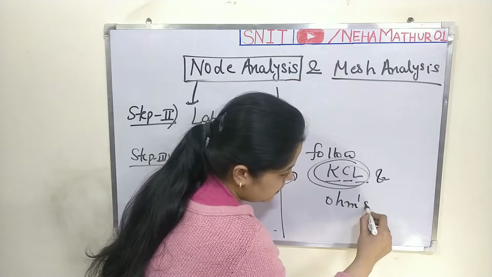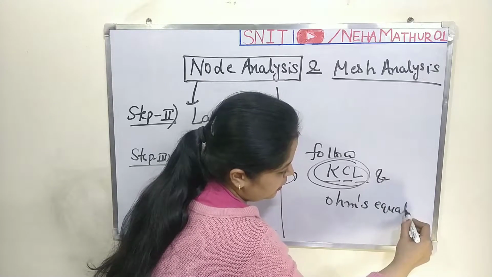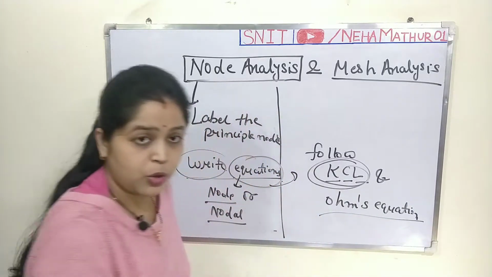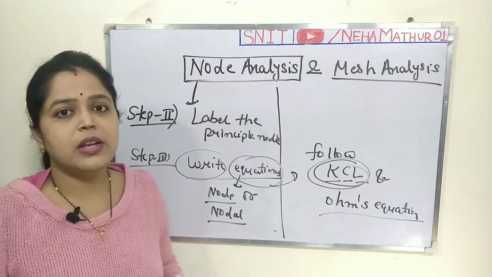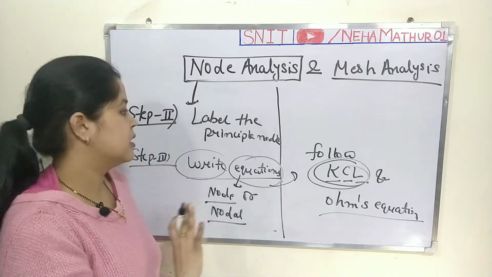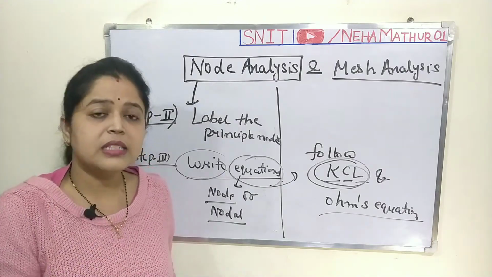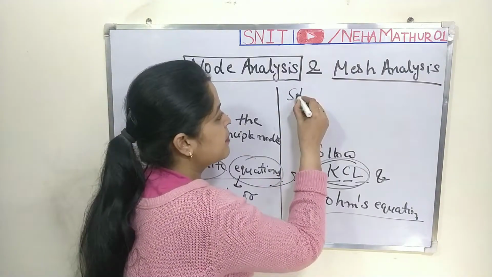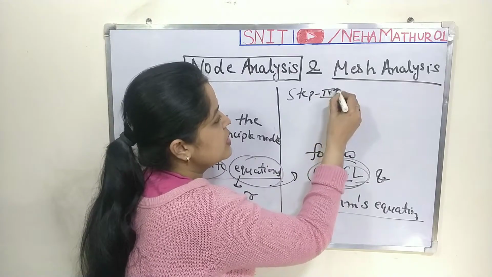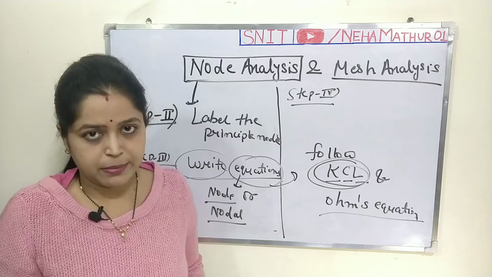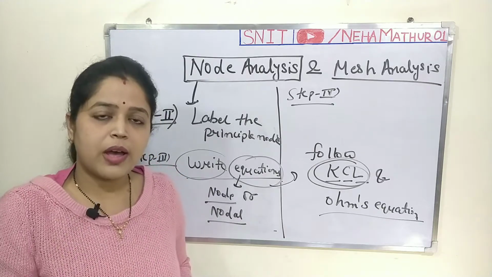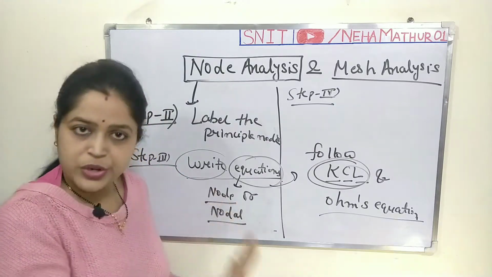With the help of KCL and Ohm's law you may obtain all the relevant equations related to your nodal analysis. This is the third step, while the fourth step is just a basic step based on maths concepts, because now you have almost all the equations.